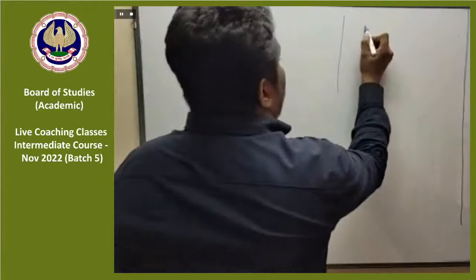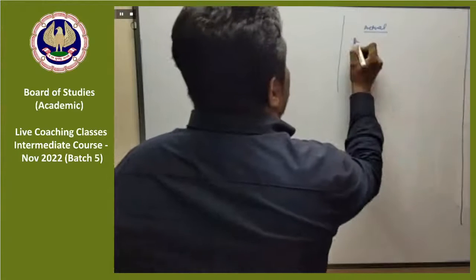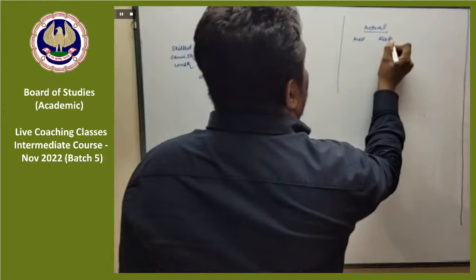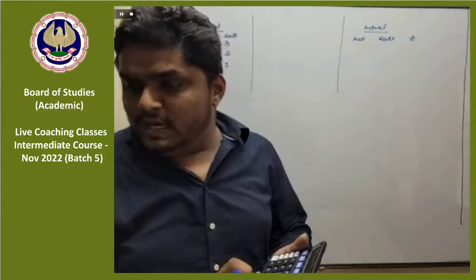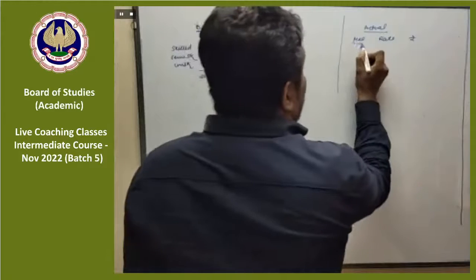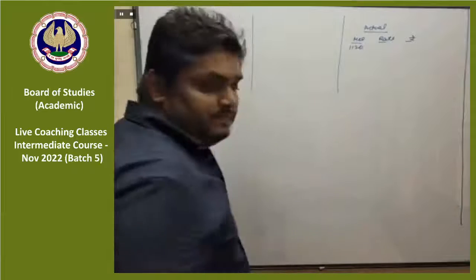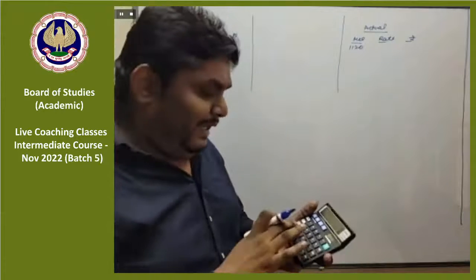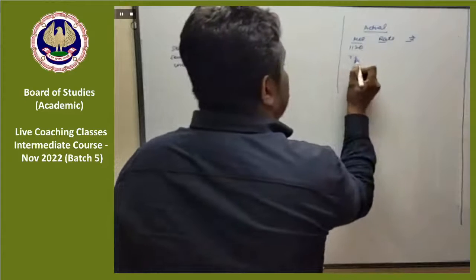Now when talking about the actual data, the actual number of workers is 28. So 28 into 40, that is 1120 hours. 18 into 40, that is 720 hours.